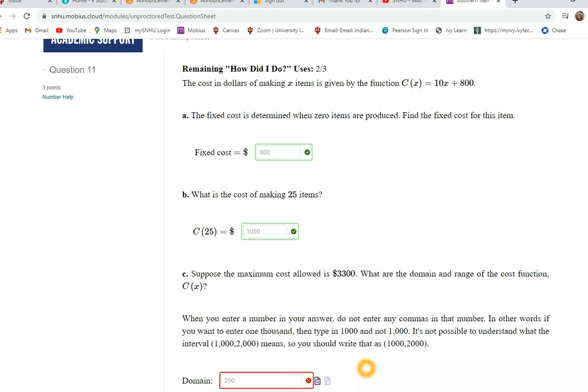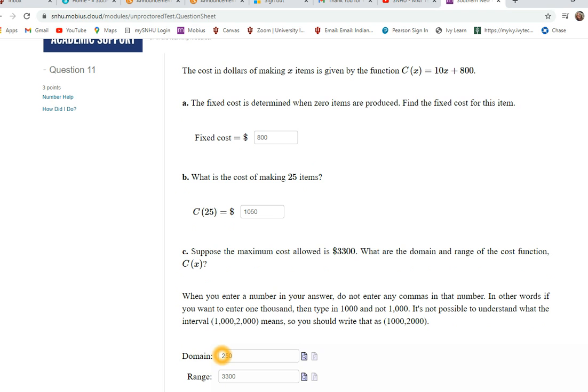Suppose the max, what are the domain and range of the cost function? Okay, well, if it's the maximum, then that means, oh, okay. You can go anywhere from 0 up to 250, and you can include 250. I guess I should be doing brackets on this because it's possible.